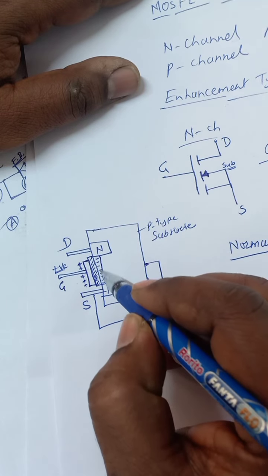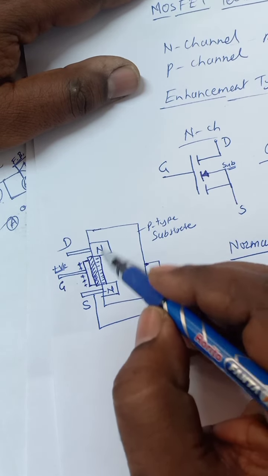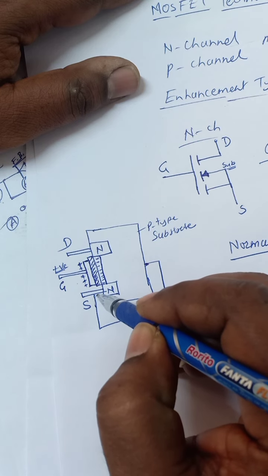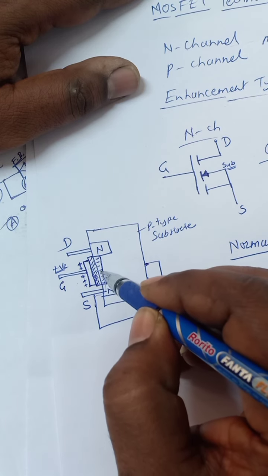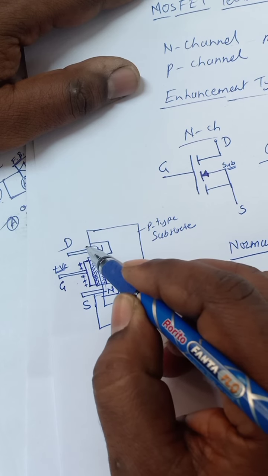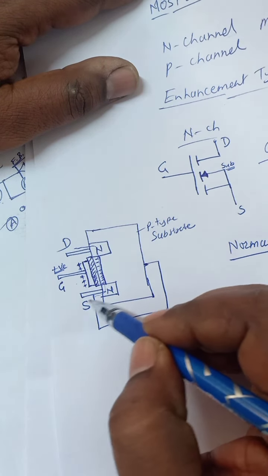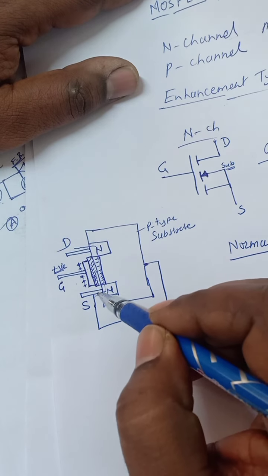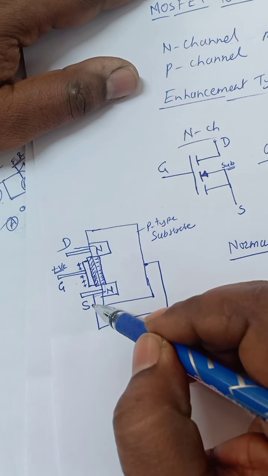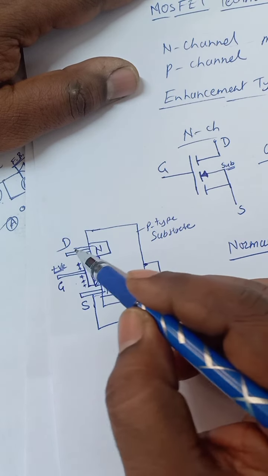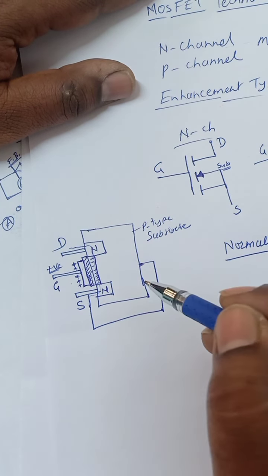This is known as the inversion layer, and by using this inversion layer, electrons flow from the source through the inversion layer to the drain. Source is the source of electrons, so it is named source. Drain takes out the electrons, so it is named drain.